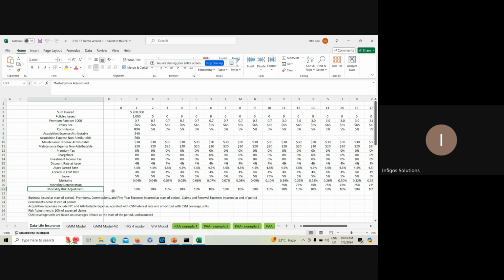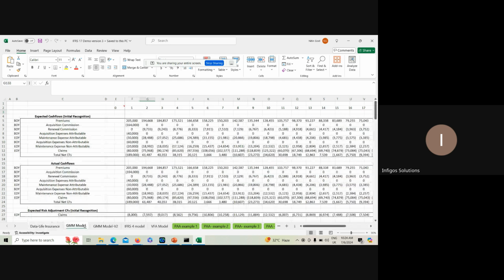So these are the assumptions which I have made in this particular insurance contract. I have 1,000 policies, and this is the sum which I have insured. If you go here, I'm going to do the calculation of expected cash flow, actual cash flow.